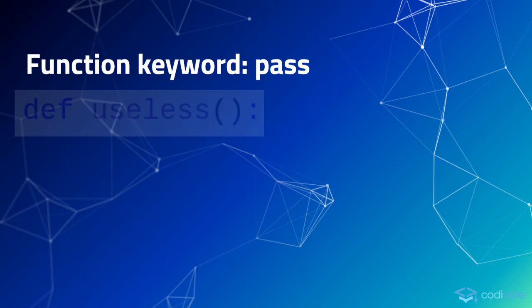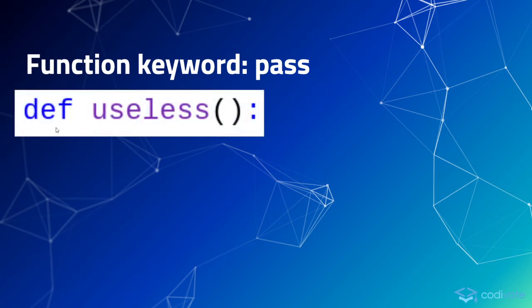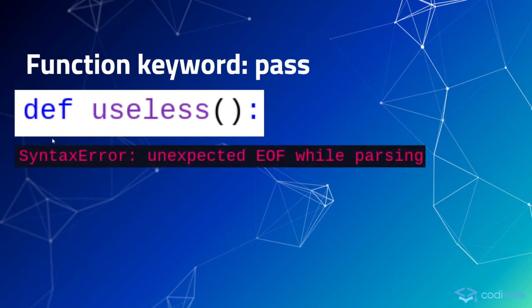If this is what we actually do, like let's say we have a bunch of code and then we started writing this function but we didn't finish it, and we want to test our code above, this would cause an error because it's expecting something to be inside of here. We get this unexpected EOF, end of file, while parsing, and parsing is just, you can think of it as the compiler going through all of the code we wrote. It was parsing our code.